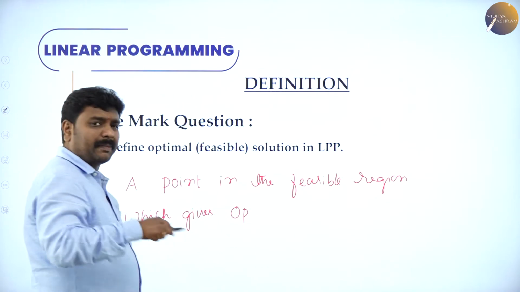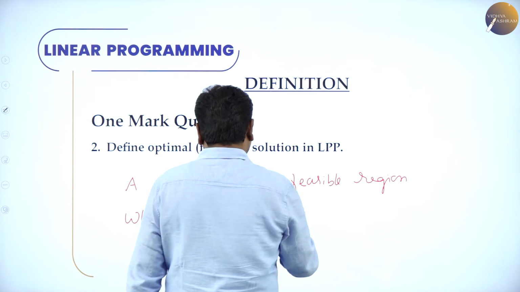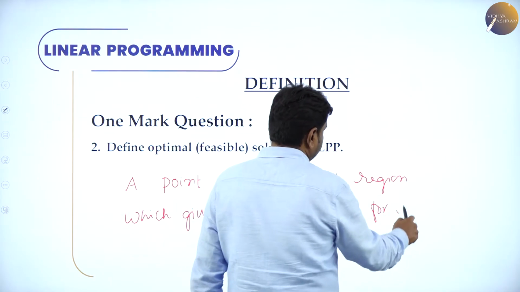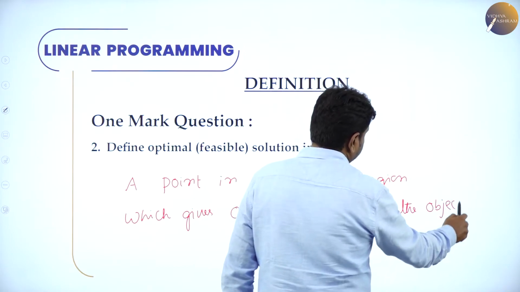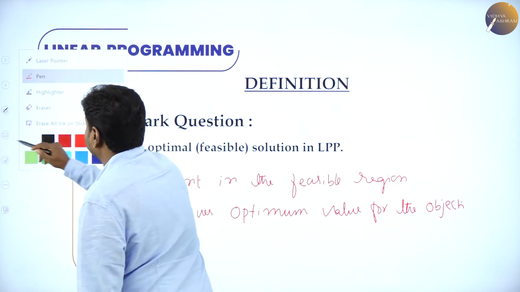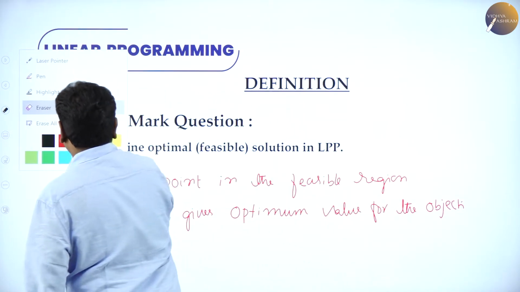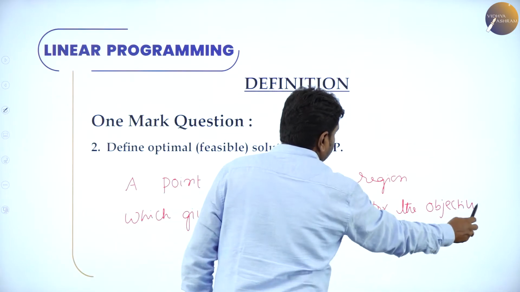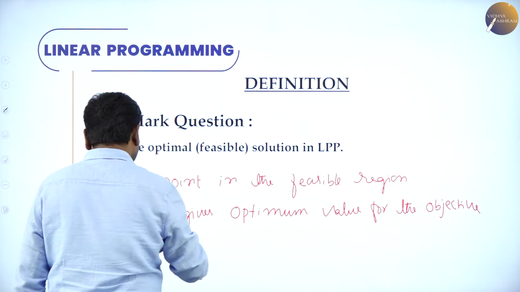Optimum means either maximum value or minimum value for the objective function. It gives the optimum value for the given objective function.